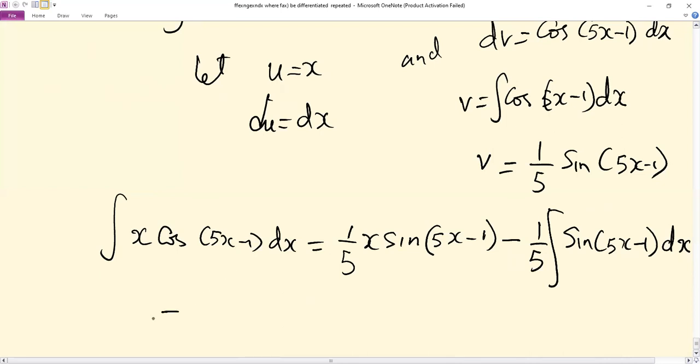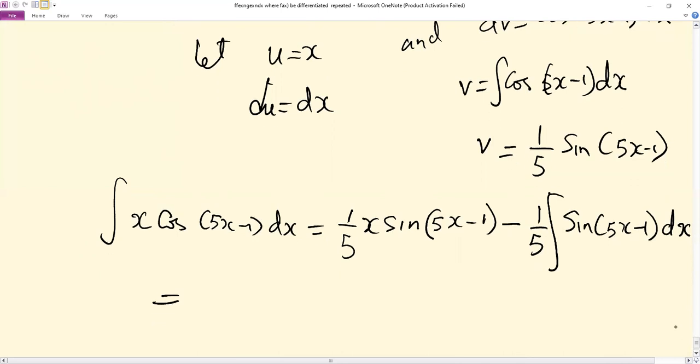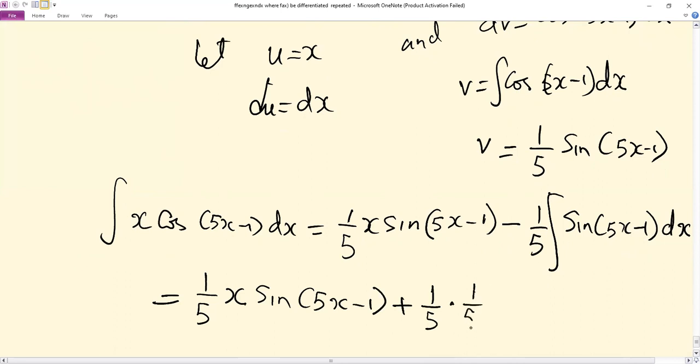And then using substitution method, we can find this part. So we'll have 1 over 5 x sine of 5x minus 1 and then plus. So remember, when you integrate sine, you get negative cos, negative negative plus. So 1 over 5 and then times 1 over 5 in this substitution, and then cosine of 5x minus 1, then plus a constant of integration.